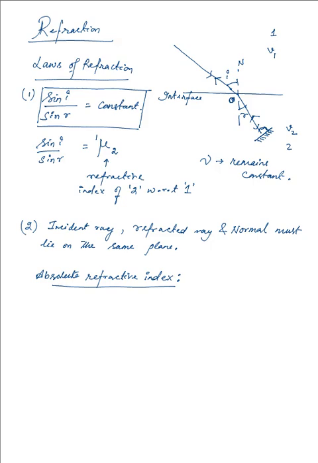The absolute refractive index of any medium is its refractive index with respect to the zero medium, that is the free space, which is air or vacuum.